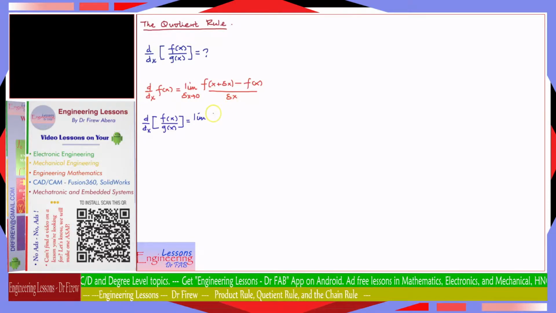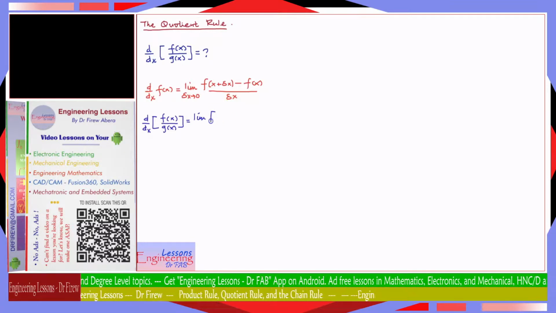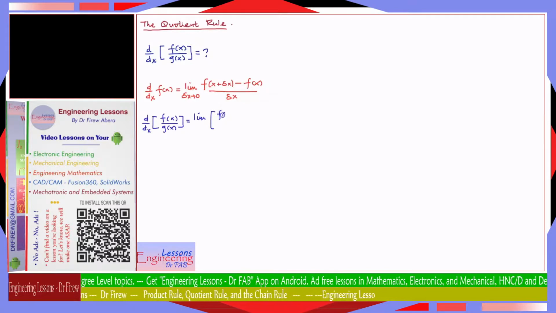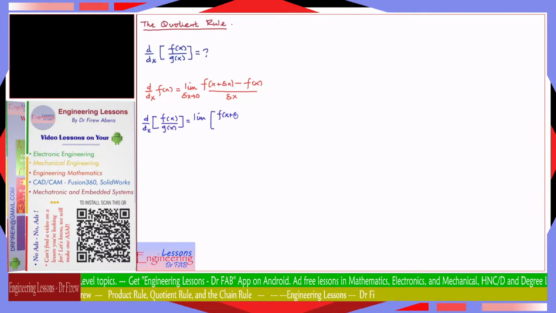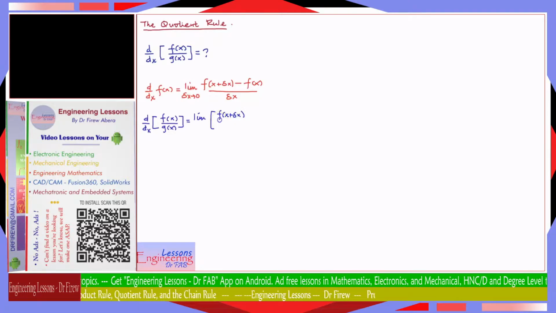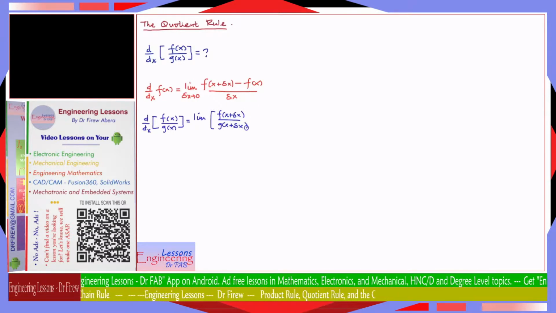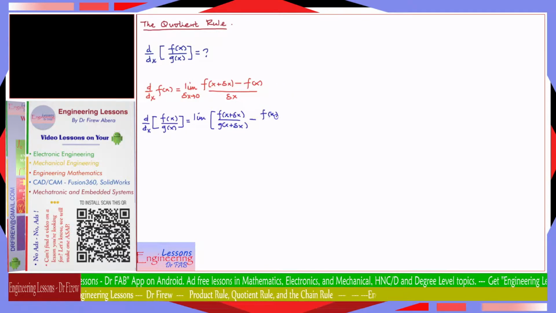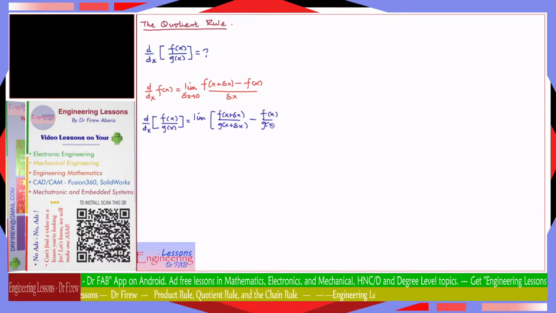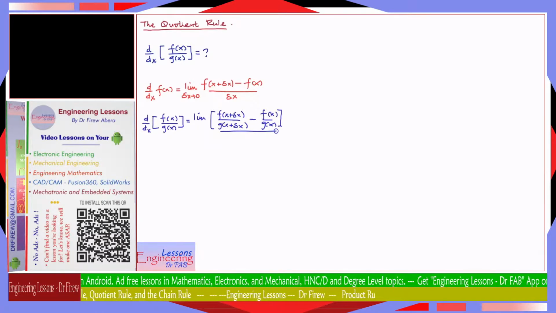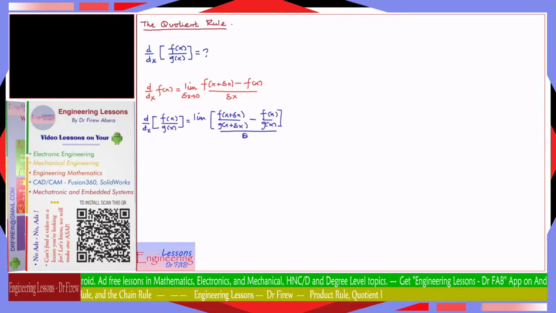So this would be the definition of the derivative of a function: f of x plus small change in x, over g of x plus small change in x, the ratio, minus function f of x over g of x.